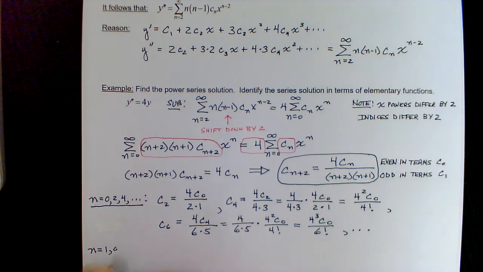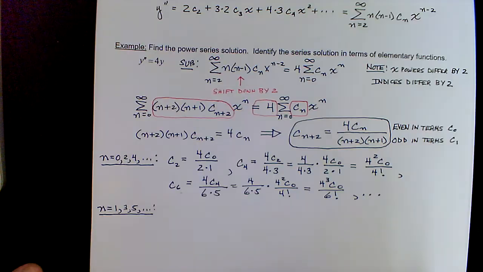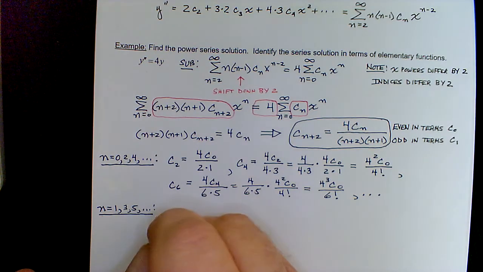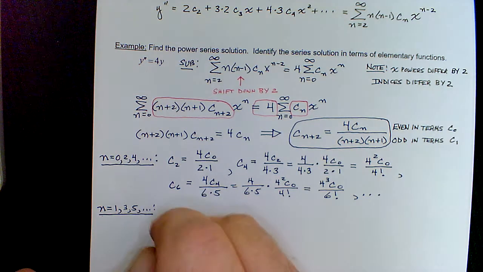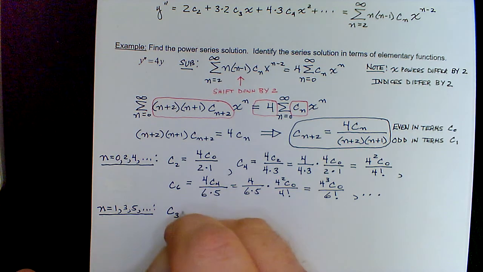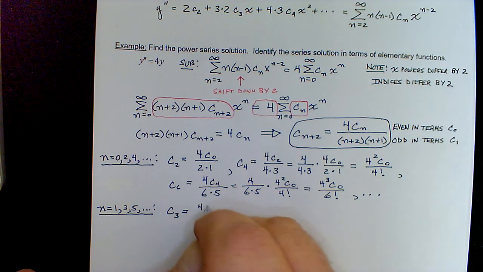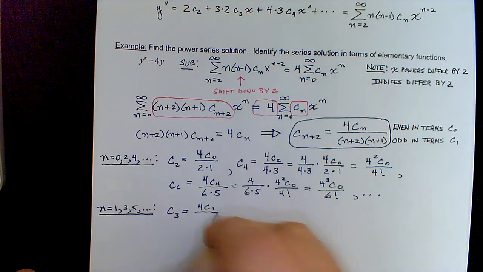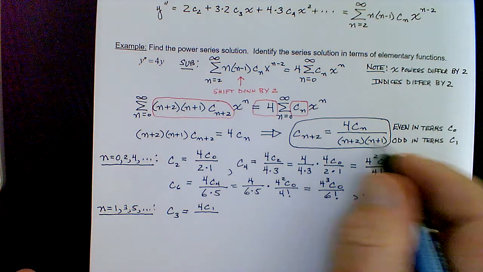Let's do the odds. So now n is 1, 3, 5, and so on. Okay, when n is 1, into the recurrence relation again, we see c sub 3 is 4 c sub 1 over, n is 1, so that's 3 times 2.